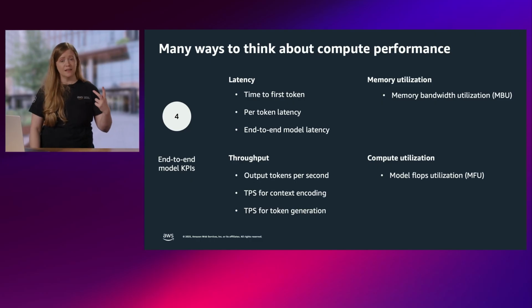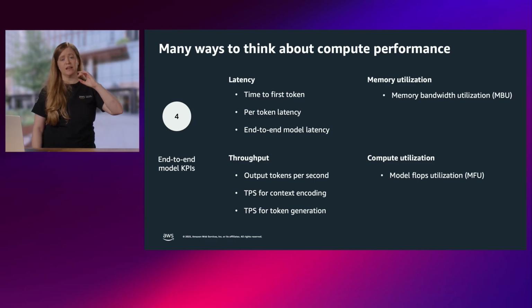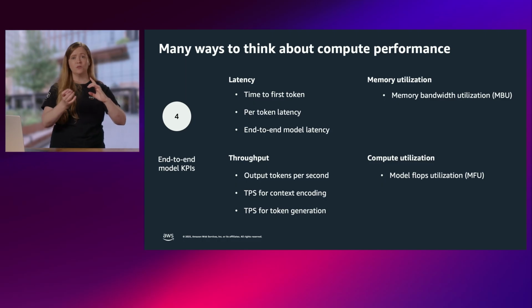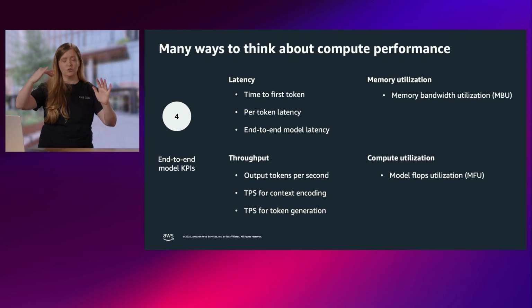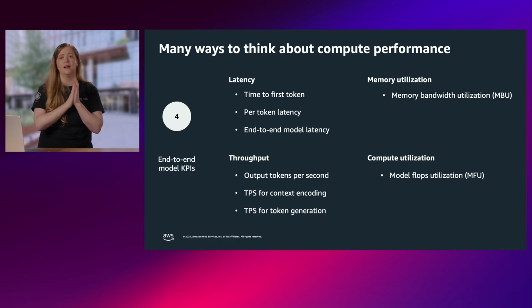Per token latency, or PTL, is when your model is already in the token generation stage, and you're measuring how efficiently you can generate each token. And then the end-to-end model latency is the full round trip, the time from doing the context encoding to the token generation itself. So you have the end-to-end model latency as a KPI.